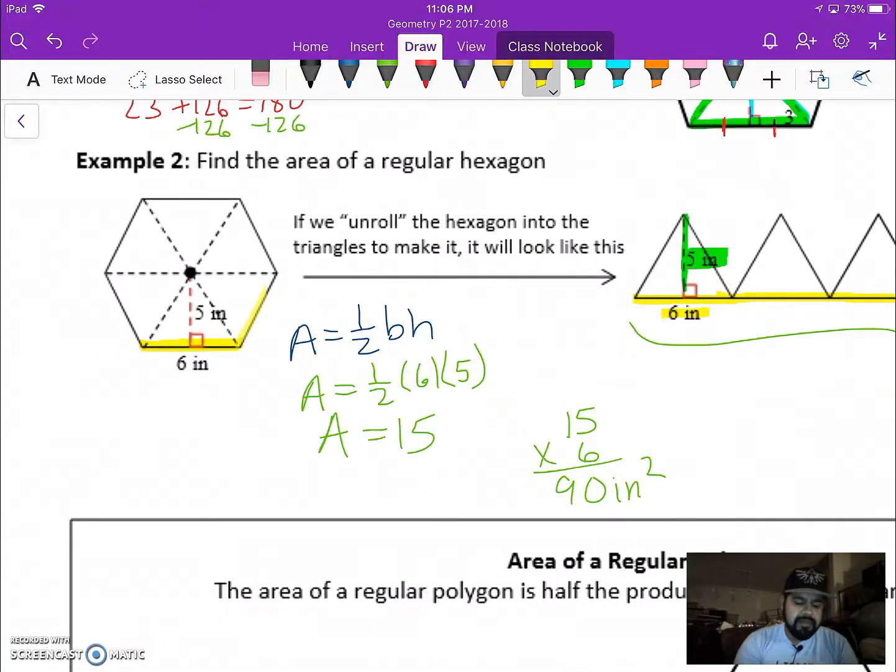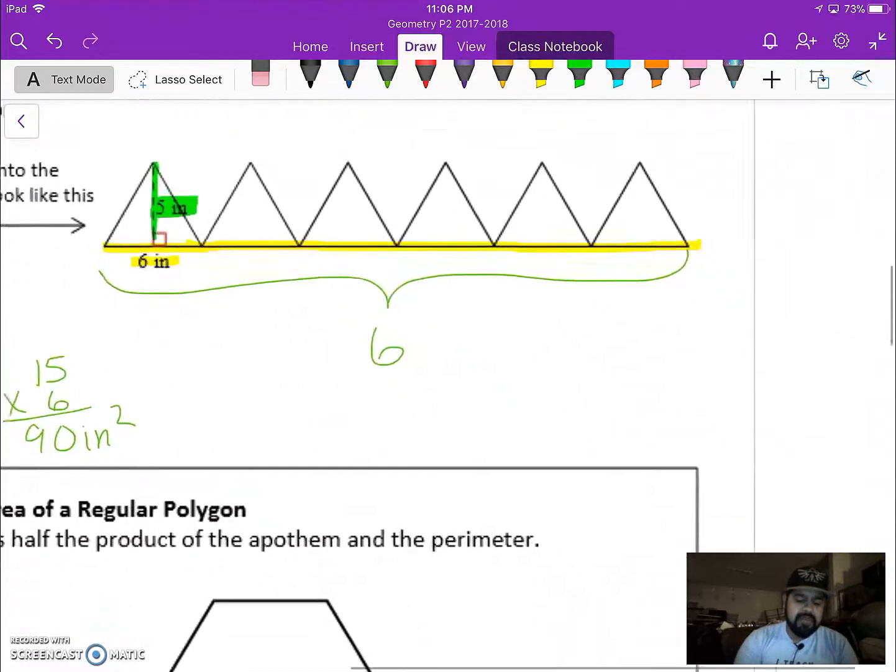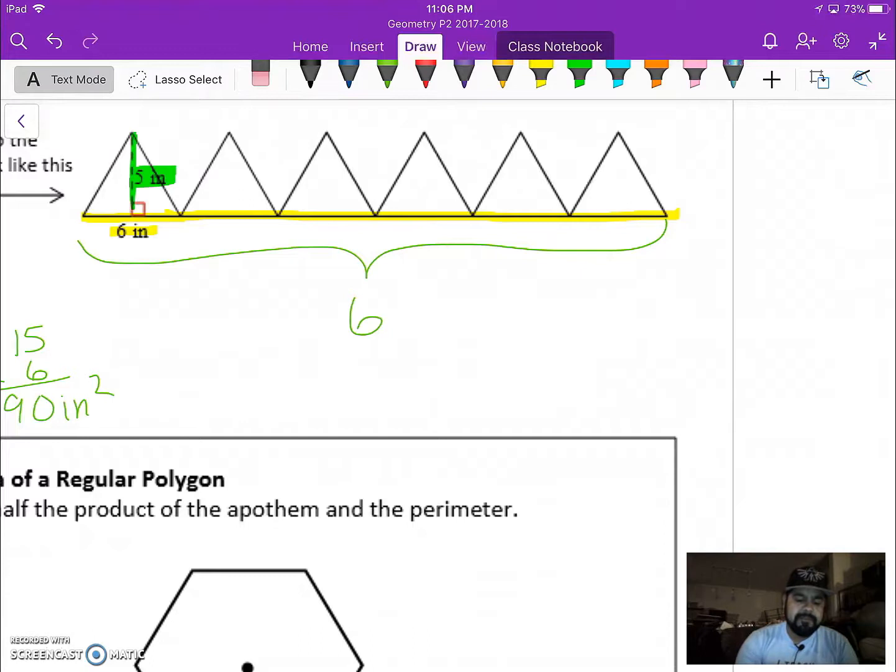Well, if you remember that we can rewrite our expression as saying, well, I have 6 triangles times our formula, 1/2 base times height.